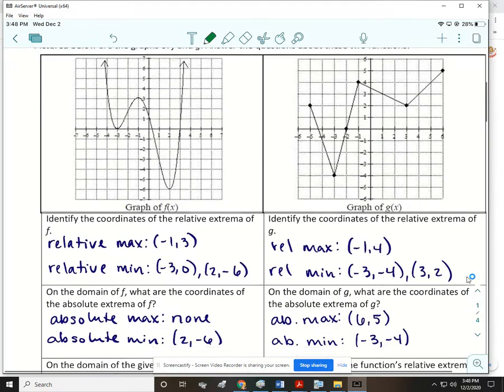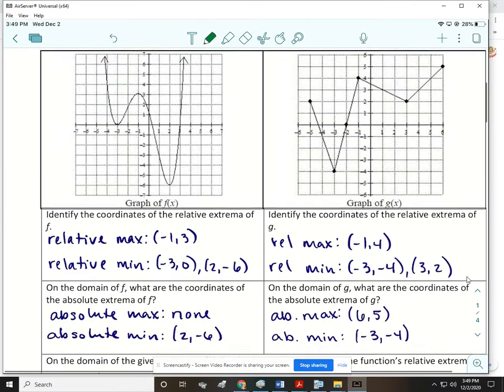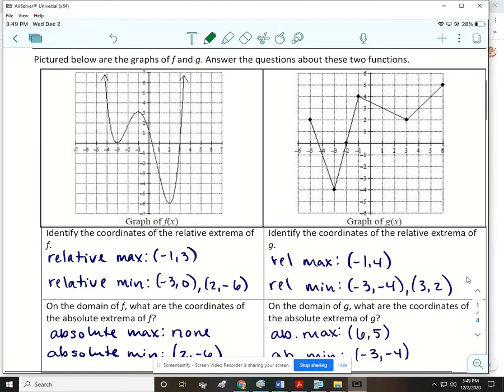All right, so here are the answers to the first one. So on this F graph, there is no absolute maximum because the arrows go up and up forever. But there is an absolute minimum because we don't ever go lower than this point right here. And then for the G graph, it has both absolute max and absolute min because it has endpoints.